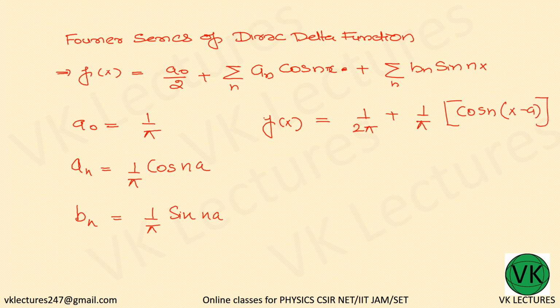So this is the function which is equal to the Dirac delta function. So delta of x is equal to 1 by 2 pi plus 1 by pi into cos n of x minus a.